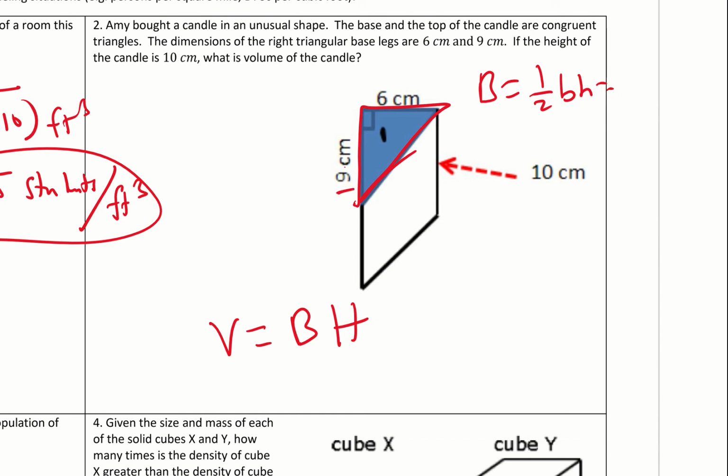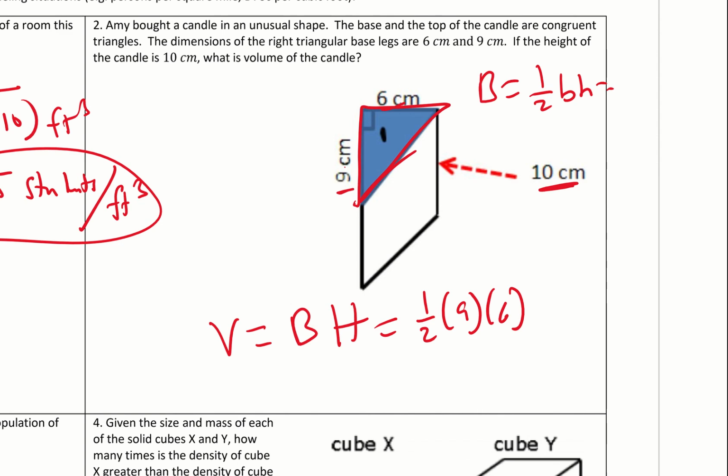The base is 9 and the height is 6. So we have 1/2 times 9 times 6, and then times the height of 10. If you do that, you get a volume of 270 centimeters cubed, and that's it.